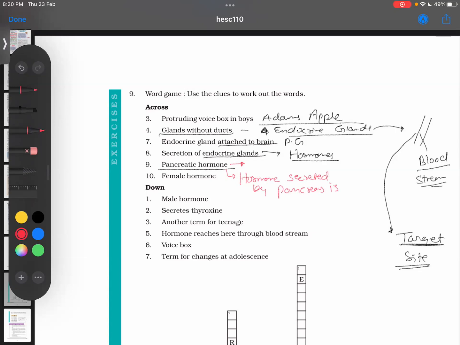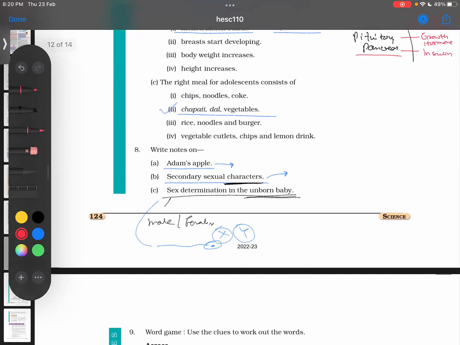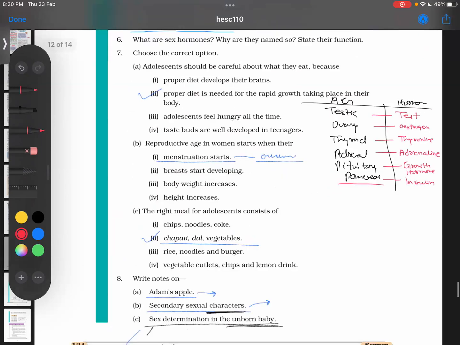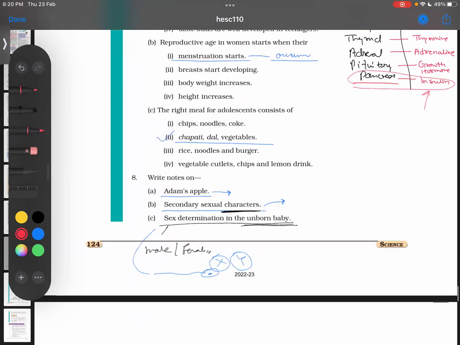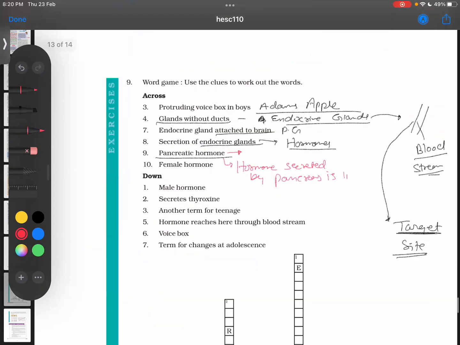Hormone secreted by pancreas is... I discussed it. No. Insulin. Look over here. Insulin. Yes, sir. It is insulin.